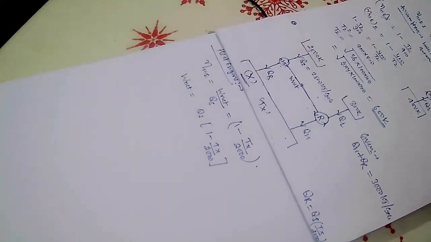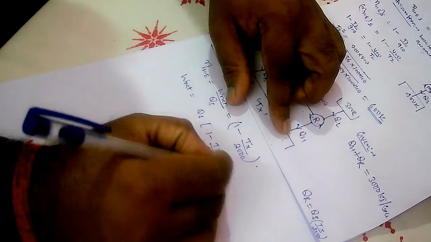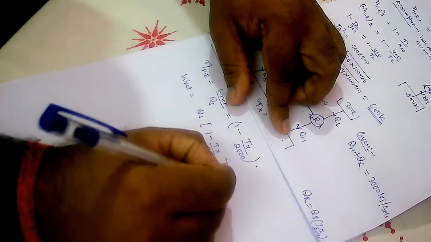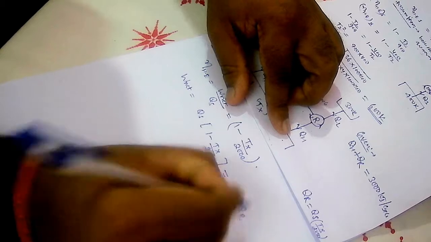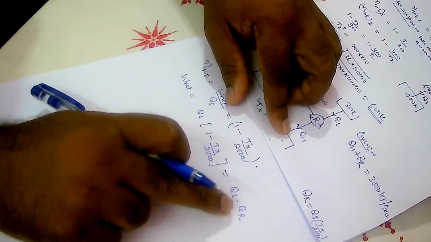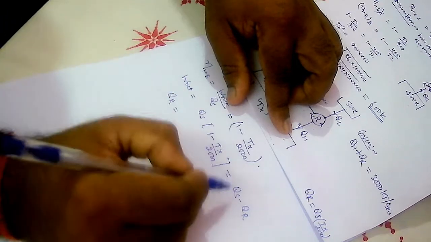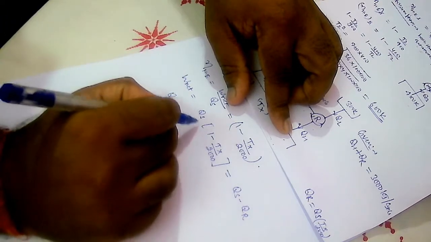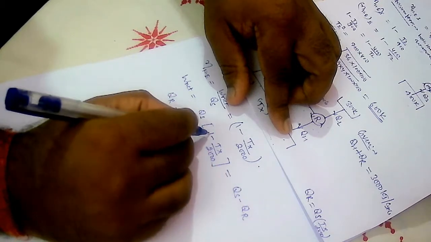Now rearrange the terms. You can write W net is equal to Q supplied minus Q rejected. So our main task is to find the heat rejected. Look here, Qs is there in both places. Take this Qs to this side, and the one will cancel out.